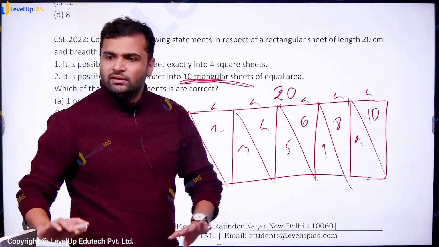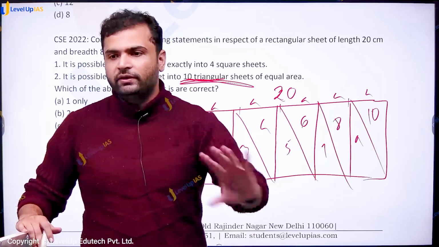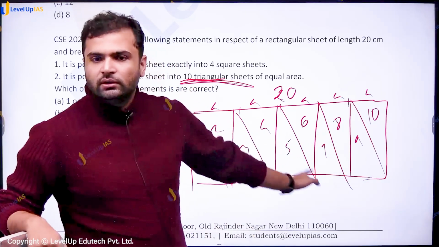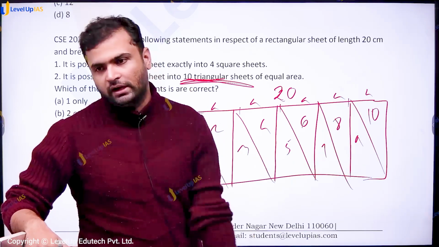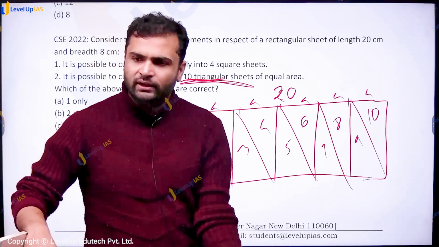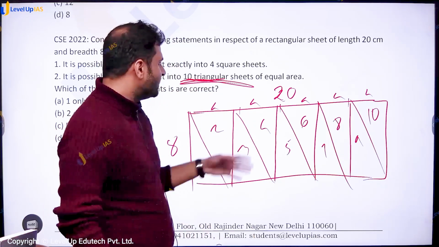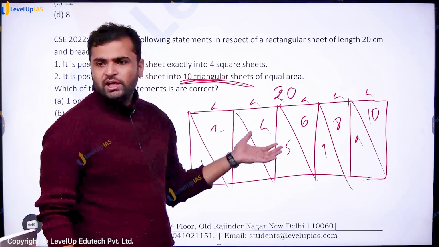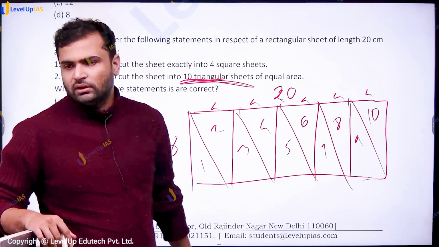There is no strong, definitive mathematical method. We are just thinking on our feet, going by trial and error. There is no method as such. Since they are saying 10 triangular sheets, I should be dividing this into multiples of 5 or 10. This side of 20 I can divide into 5 equal sheets.